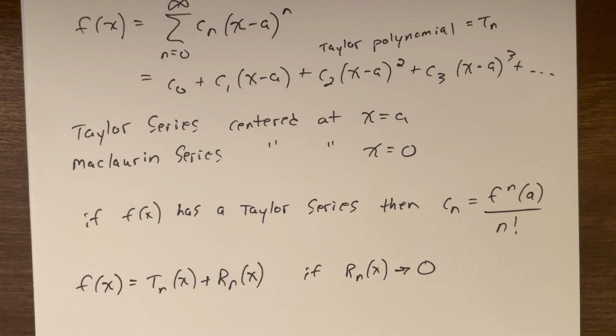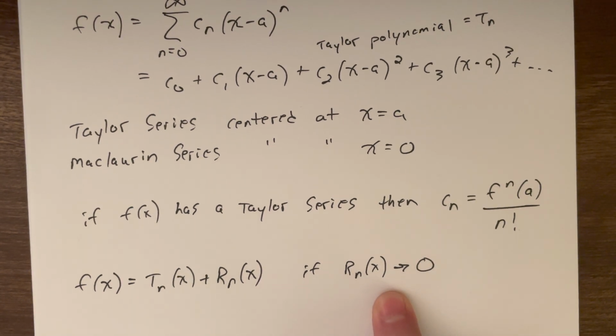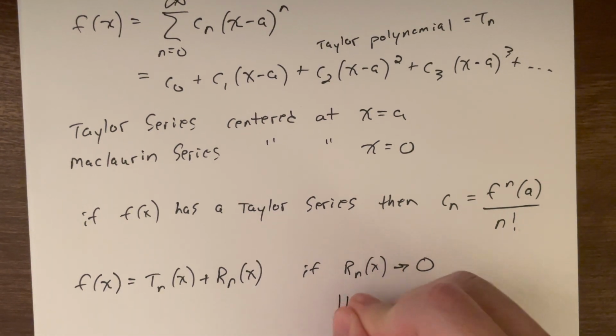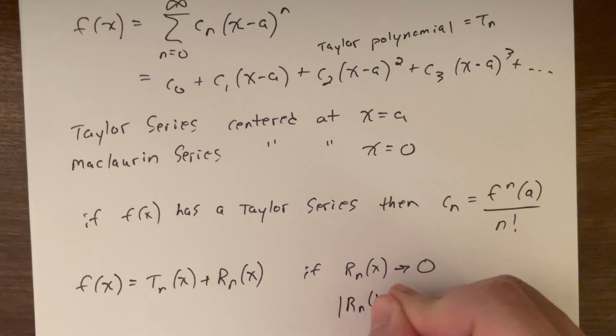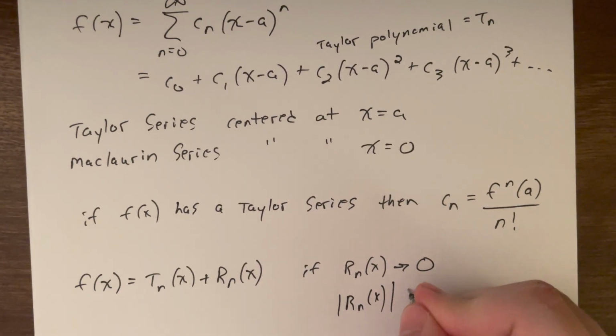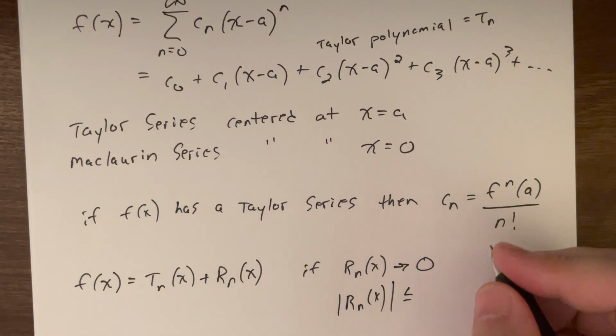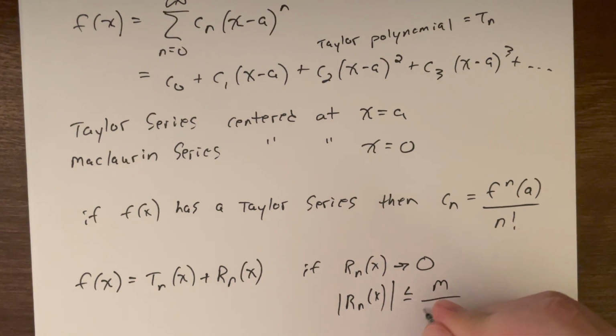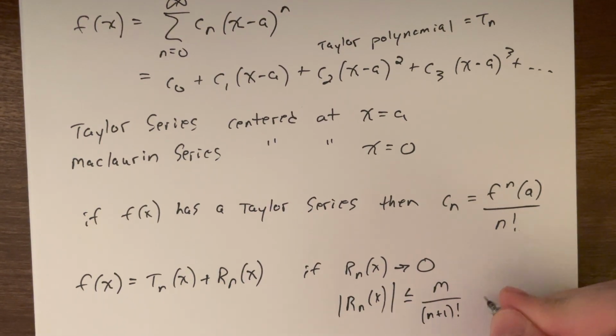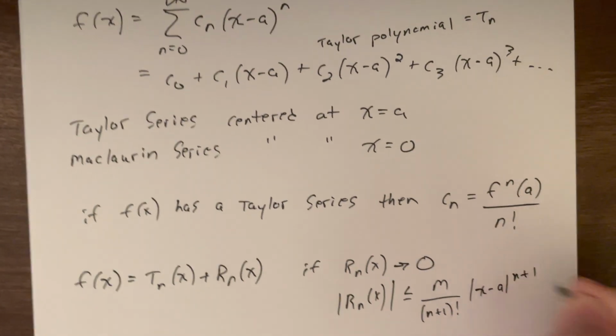And the last quick thing I want to point out, they mention Taylor's inequality. If you go on to a higher level math class and advanced calculus, not Calc 3, but some schools call it advanced calculus, others call it a real analysis class, you may have to do a little more of the proof work here, and that's where they give you Taylor's inequality: the absolute value of this remainder polynomial is always less than or equal to some value M over n plus 1 factorial times the absolute value of x minus a to the n plus 1.